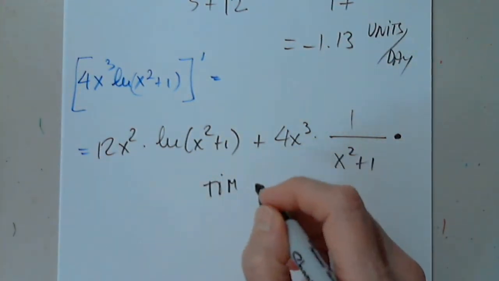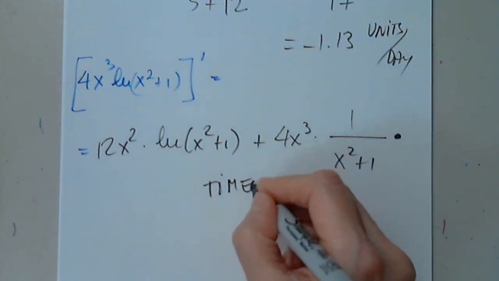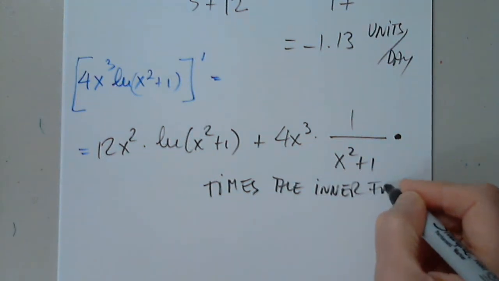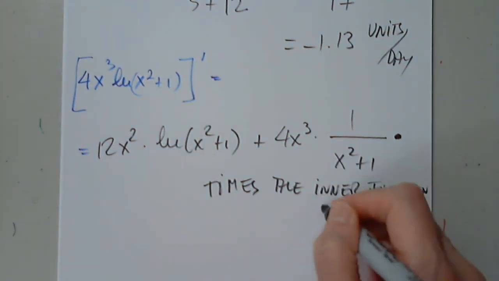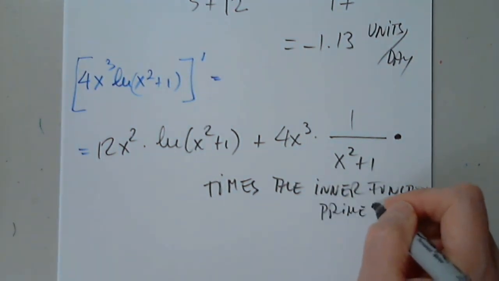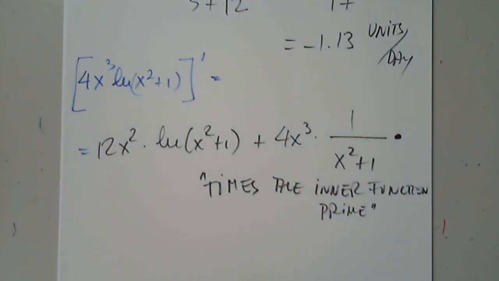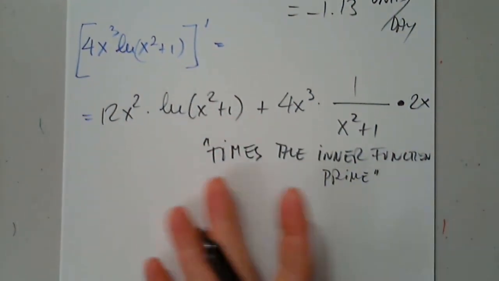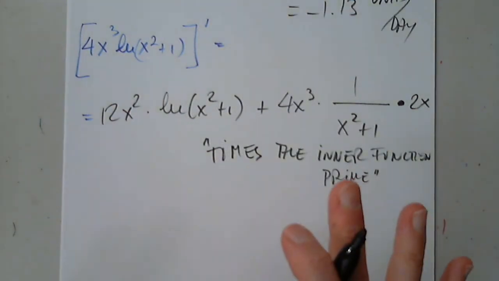Please repeat that anytime you need to. Times the inner function prime. This has to be embedded in your system. So times what? 2x. Times 2x. Since we're not doing anything with it, you can leave it alone.